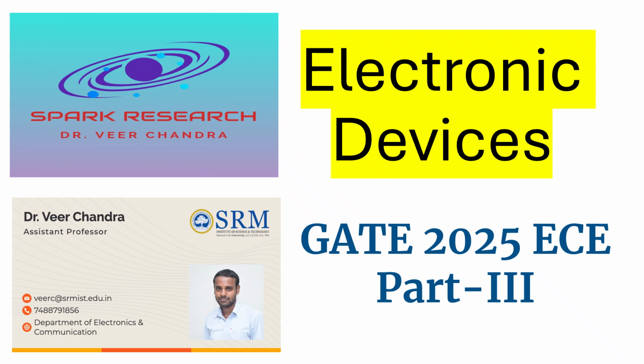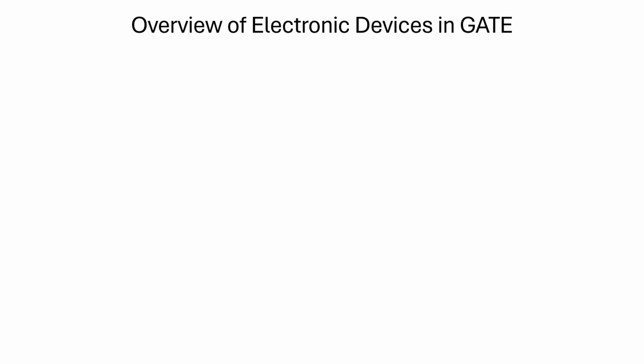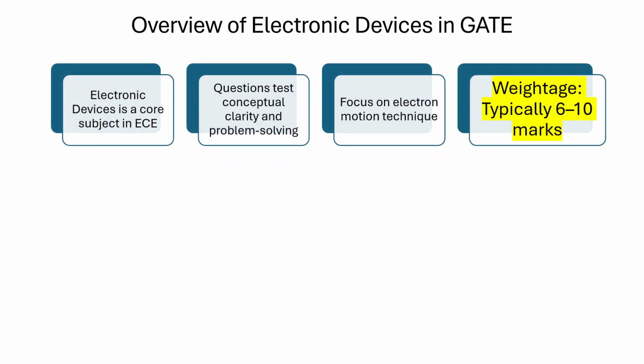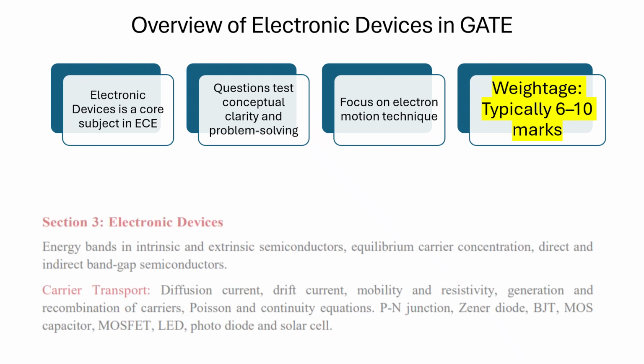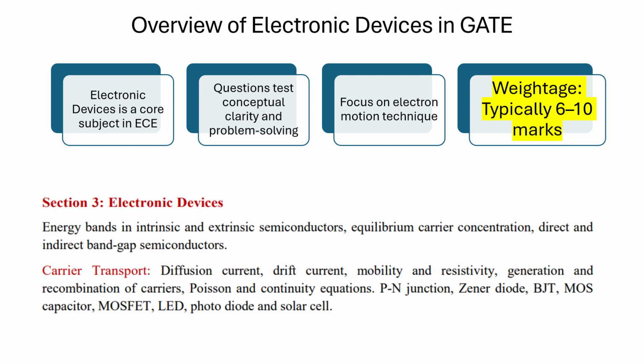This course is important, and if you focus on it, it will be very easy to score marks, up to 10, because these are simple subjects. In this session, we are going to take questions related to the PN junction diode, and how the current flows due to drift or diffusion.